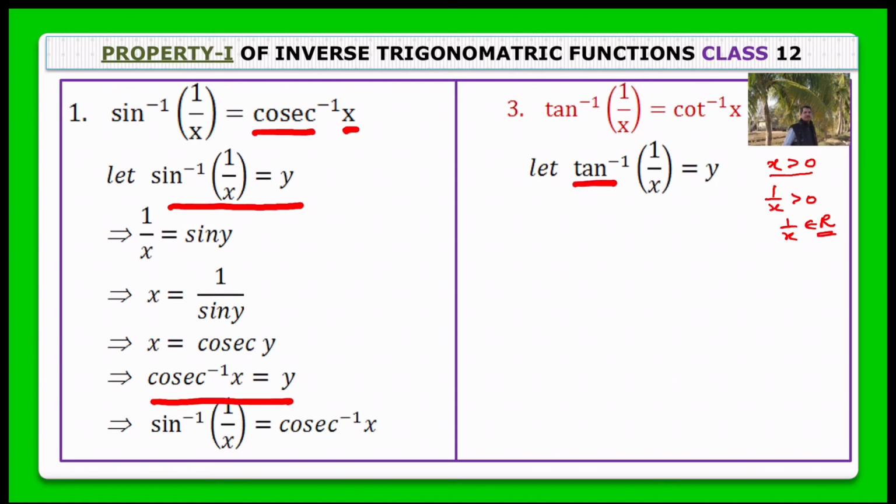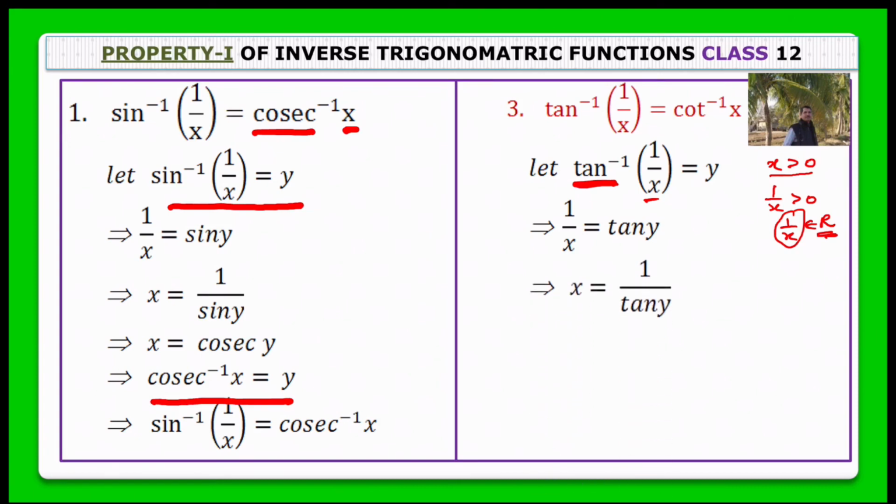It means we can write 1 upon x equal to tan y. If 1 upon x is not an element of R, then we cannot write 1 upon x equal to tan y. So first we have to check whether 1 upon x is a part of the domain of tan inverse or not. So here 1 upon x is an element of the domain of tan inverse.